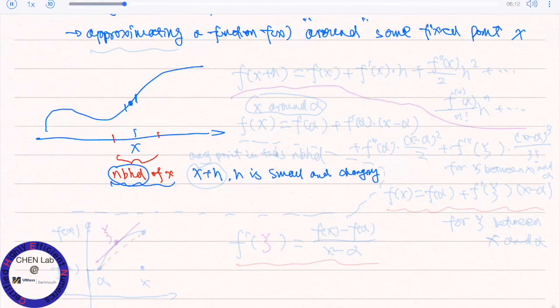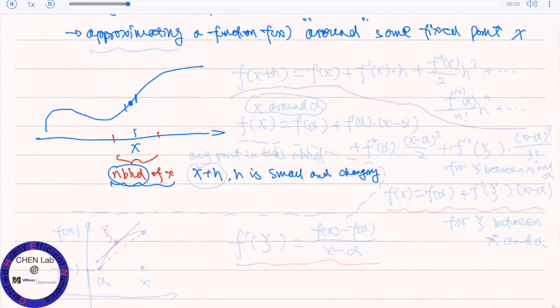H can range from 0 up to 0.01, for example, or can be negative, then it goes to the left. So I'm reviewing this, and this is probably the only time to review this. This is a prerequisite for the class. I'm reviewing this for your benefit.